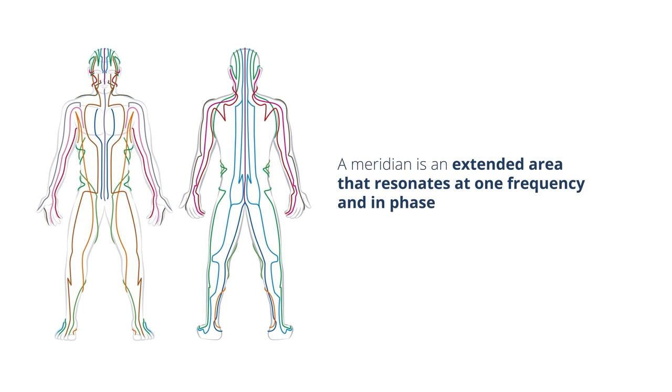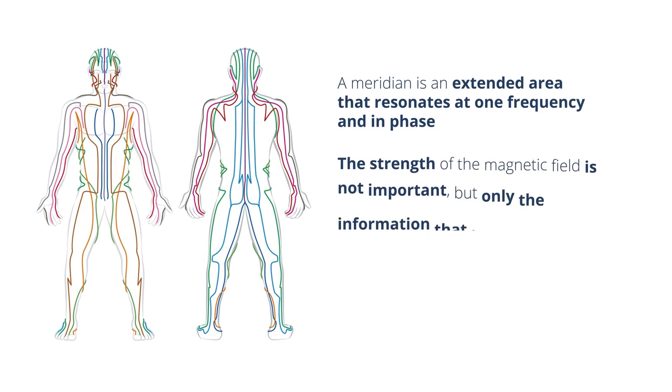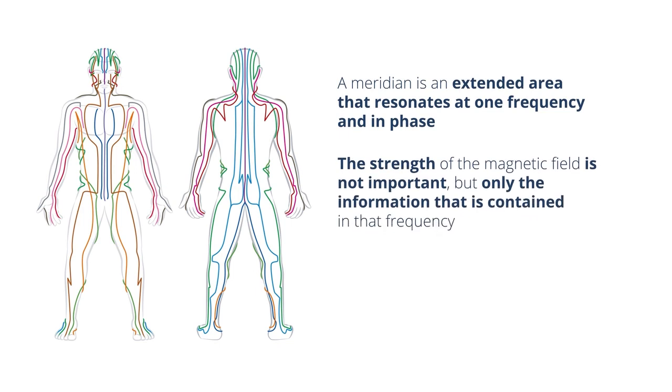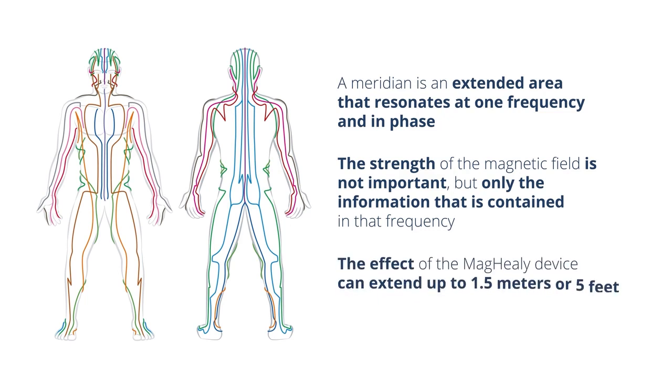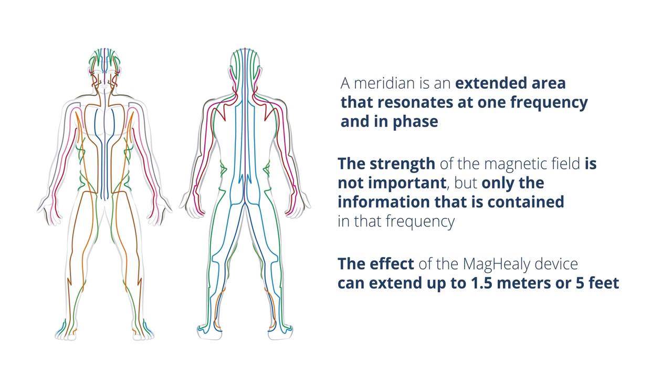When in resonance with the atmospheric frequencies of MagHealy, the strength of the magnetic field is not important, but only the information that is contained in that frequency. For this reason, the effect of the MagHealy device can extend up to 1.5 meters, or 5 feet.